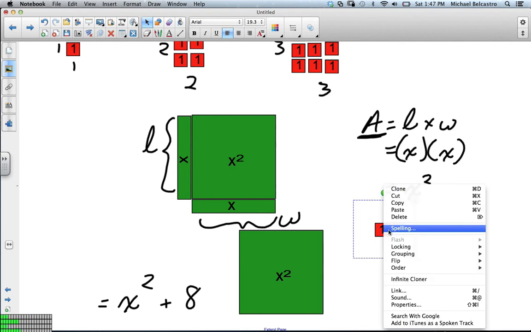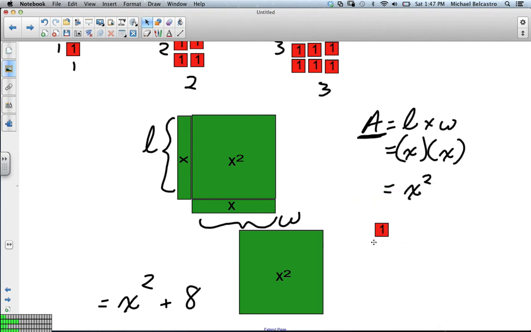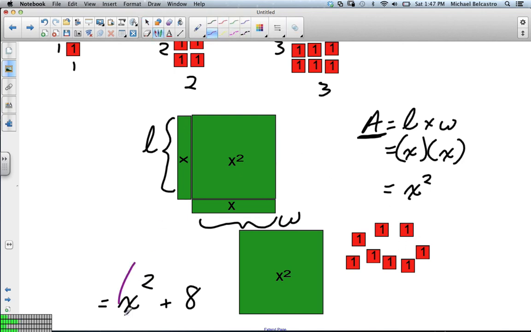So we set this up. I'm going to make a bunch of them. So we have 1, 2, 3, 4, 5, 6, 7, 8. And that's how we can represent x squared plus 8. X squared, this is the tile, plus 8 units. Okay? So this is how we can kind of represent all of these things using our algebra tiles.